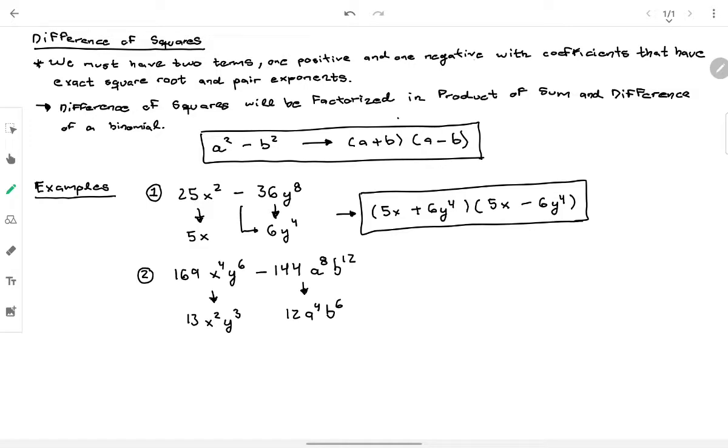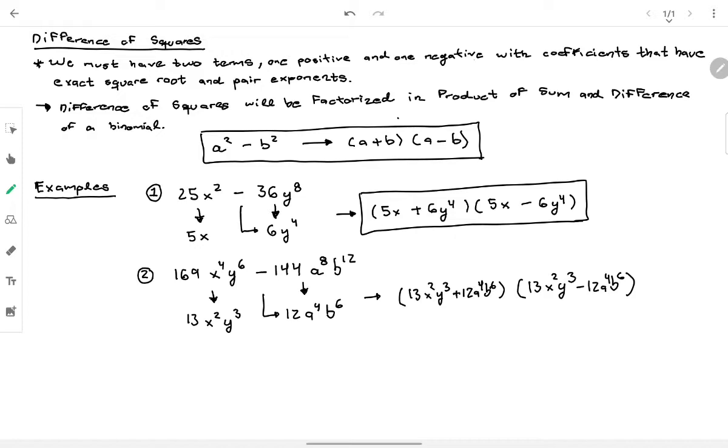So remember, I will do two parentheses. The one that is positive will be positive on both parentheses. The one that is negative is going to be positive on one parenthesis and negative on the other one.